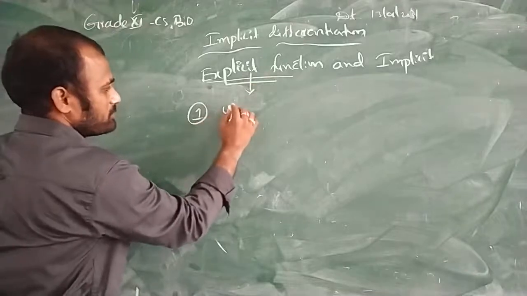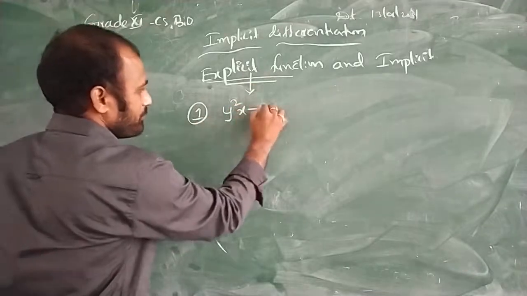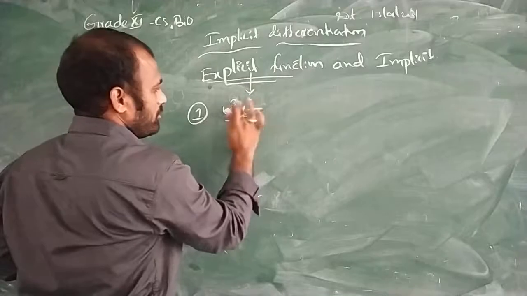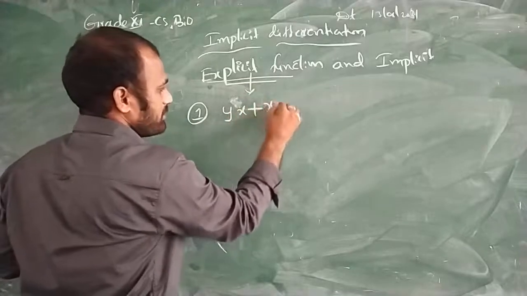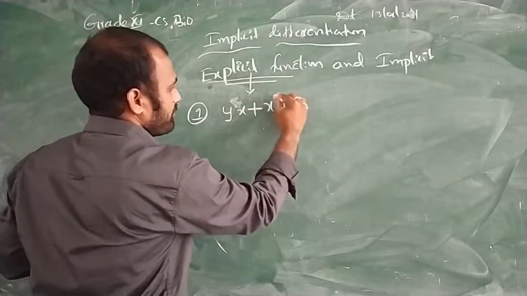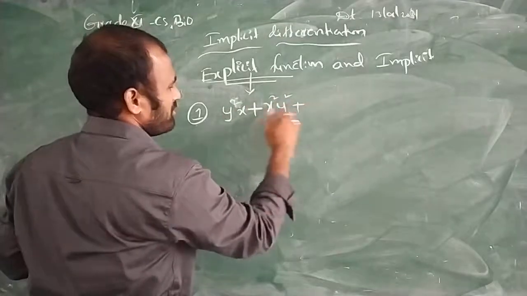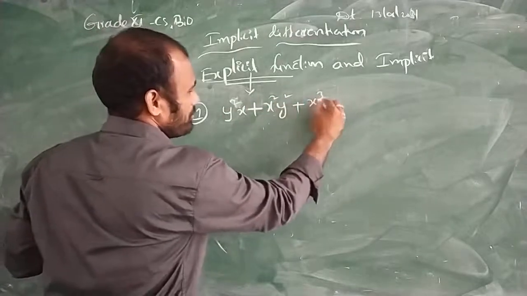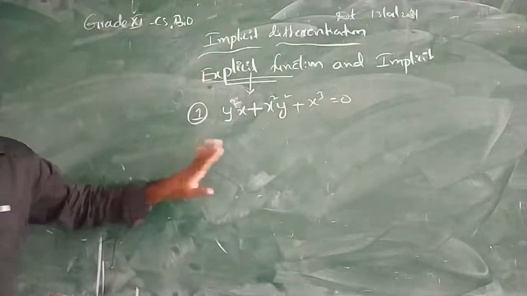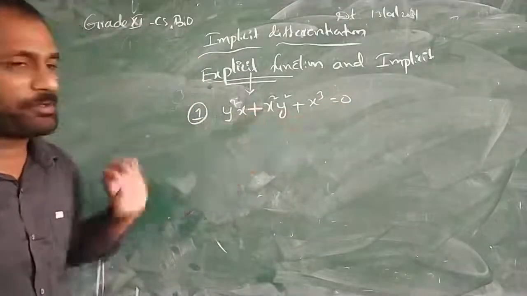y square x plus x square y square plus x cube is equal to 0. Let us suppose this is a given function.